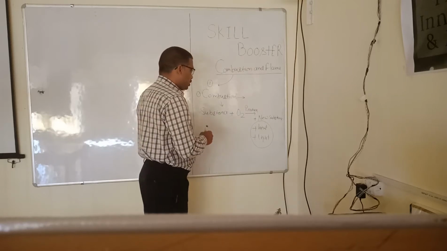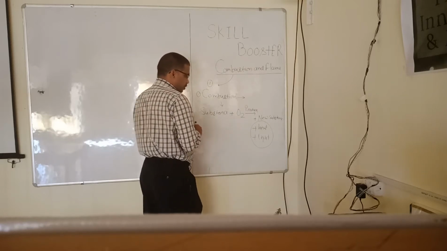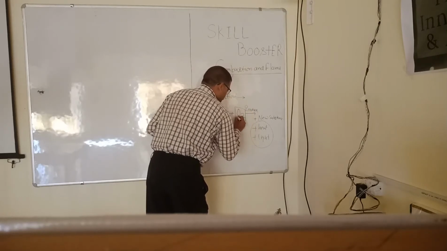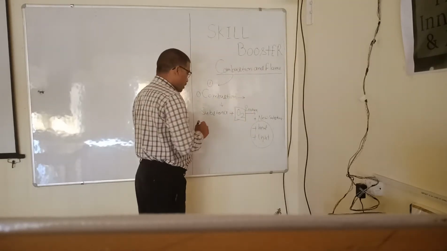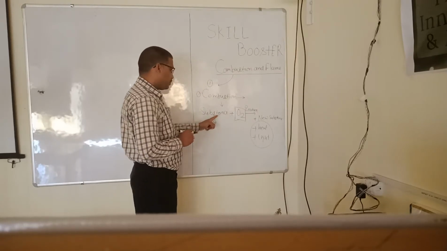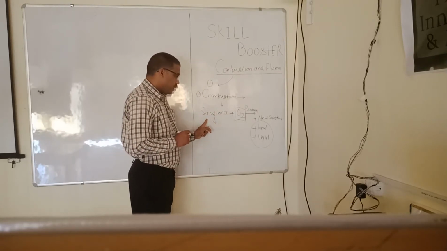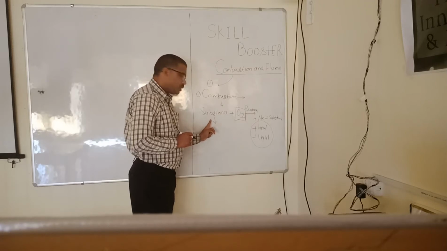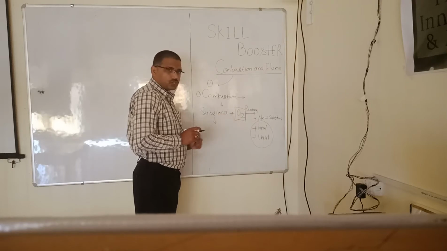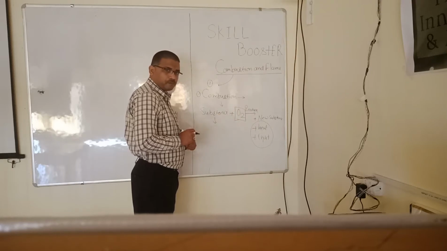Now the three things are important here. Oxygen should be present, material should be present. There are the two things which I have shown here. Materials, substance means materials which we want to burn, and oxygen should be present.